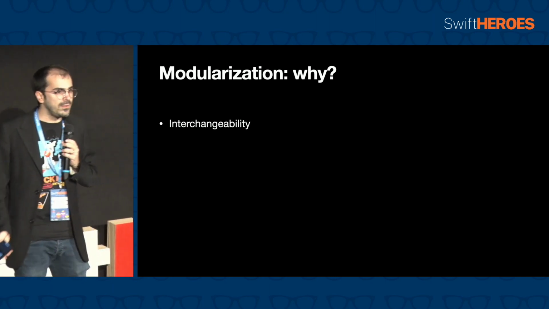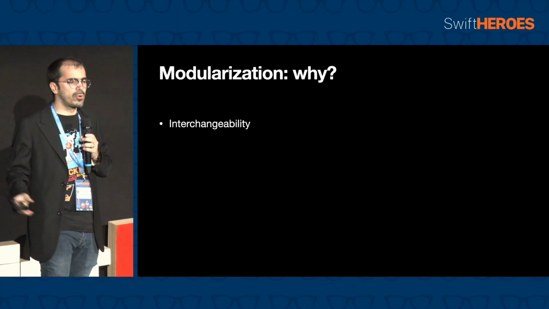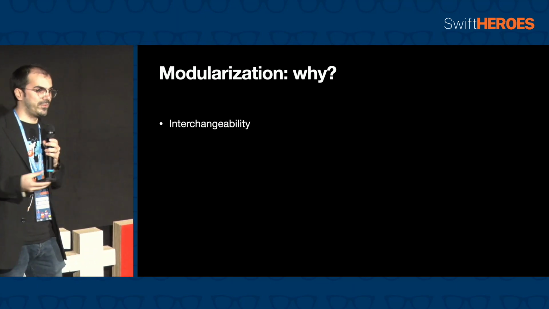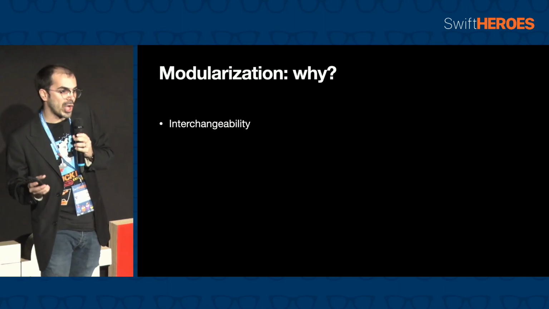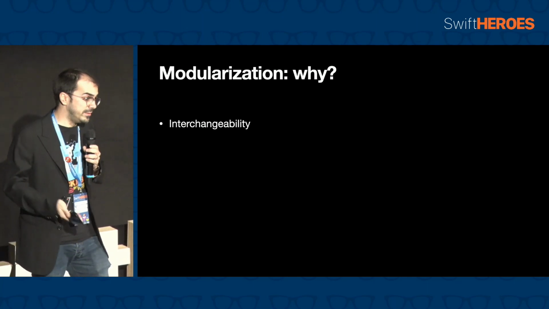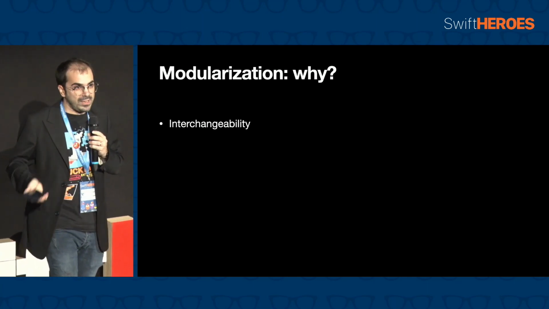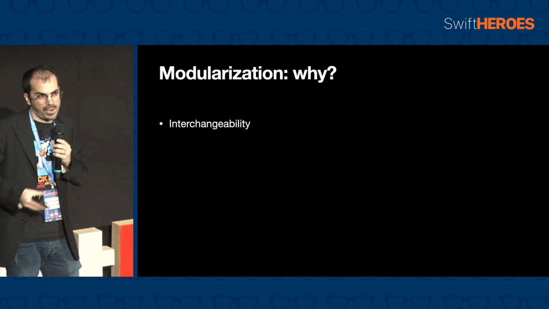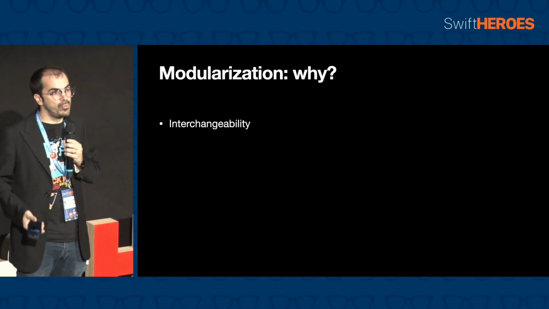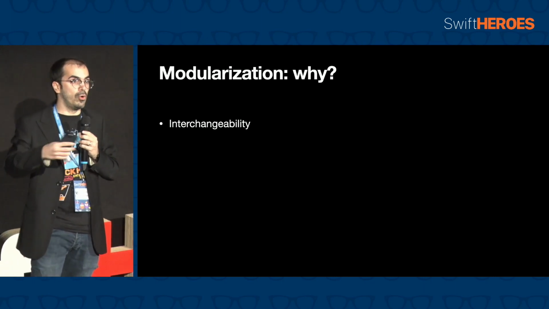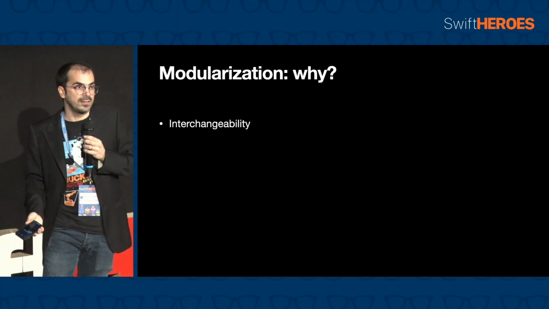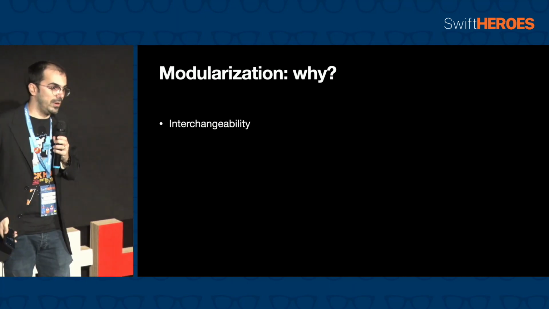For example, if we want to create a new network module that uses the new Swift concurrency API, and we want to replace the old Objective-C network module with this one, it's very easy. We can work in parallel. We can create the module, and then we can send the new module to production. And maybe with a feature flag, we can create a sort of fallback in case of any error, any bug.